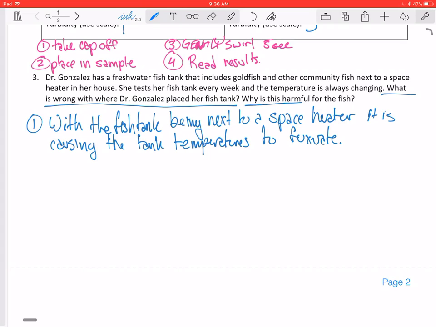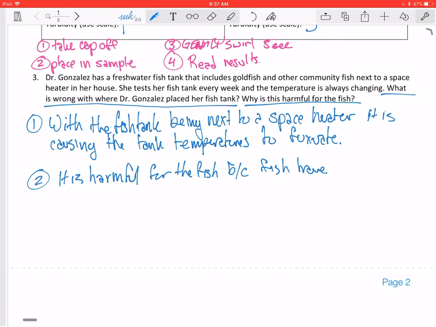And the second part of this, so why is this harmful for the fish? It's harmful for the fish because fish have a set temperature range they like to live in.